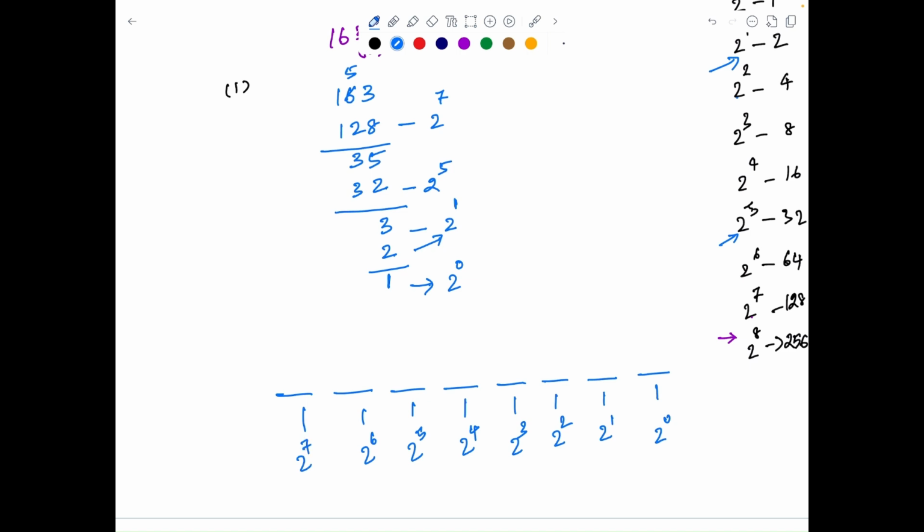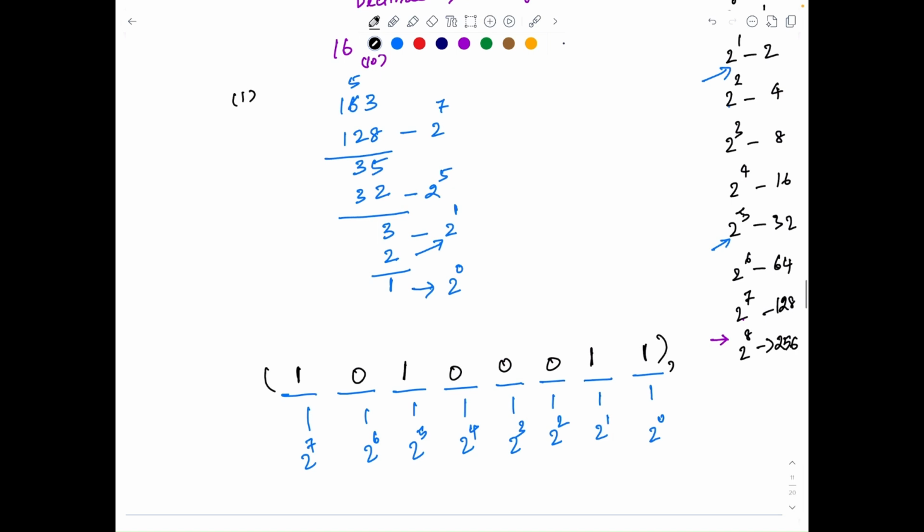I have a 1 at 2 power 0, and a 1 at 2 power 1. There is no 2 power 2, no 2 power 3, no 2 power 4, but there is a 1 at 2 power 5, no 2 power 6, and a 1 at 2 power 7. So this is the binary conversion of 163. This is one way to do that.